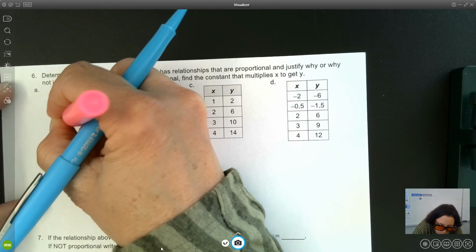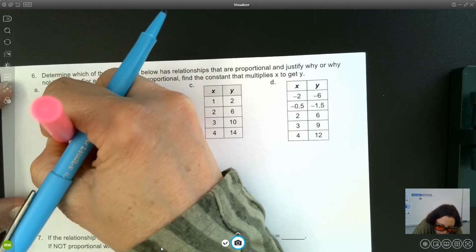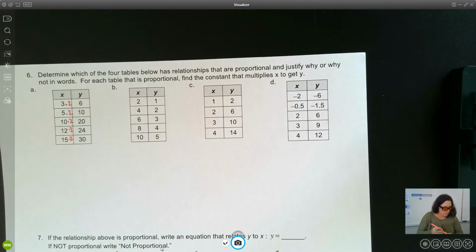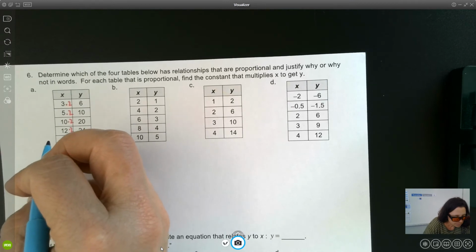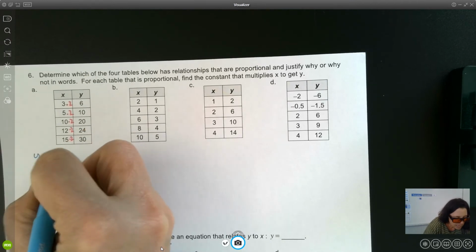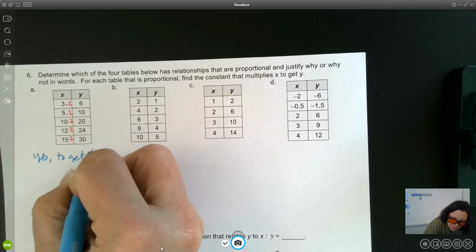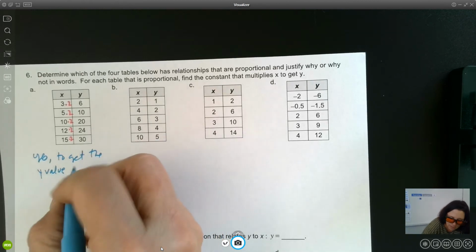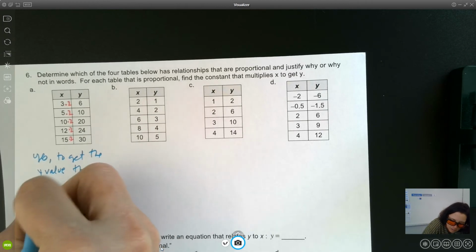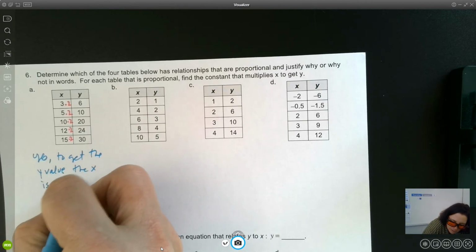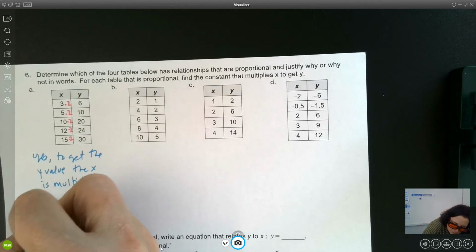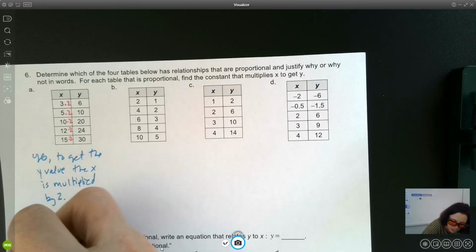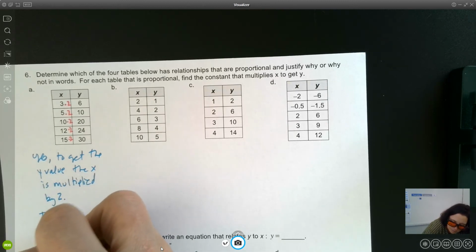Oh, okay, so these are all 2s. So yes, this is proportional. To get the y value, the x is multiplied by 2. The constant then is 2.